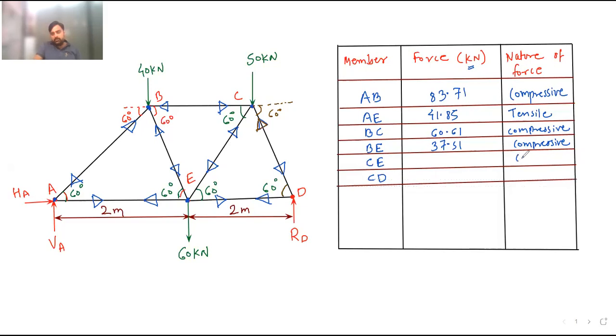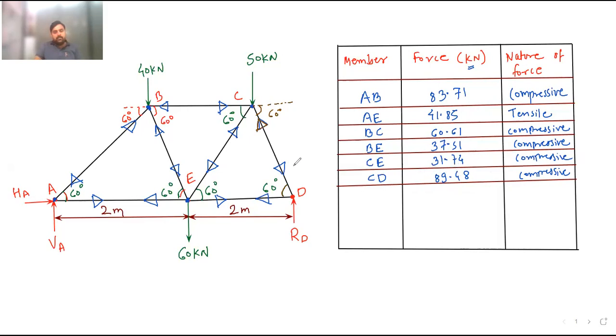Both are compressive. What are the values? CE is 31.74. And CD? 89.48. Okay.